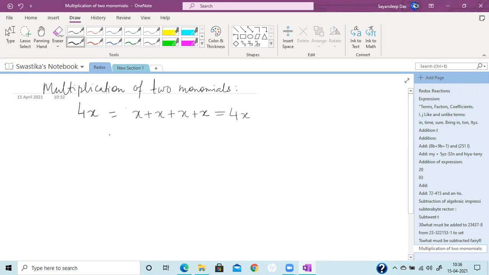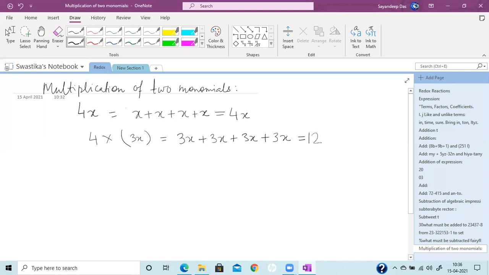Similarly, if I write 4 into 3x, that means I am adding 3x for 4 times. See, 3x plus 3x plus 3x plus 3x, 4 times I am taking 3. So 3 plus 3 is 6, 6 plus 3 is 9, 9 plus 3 is 12.